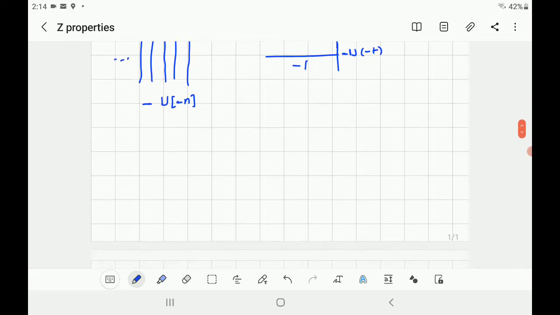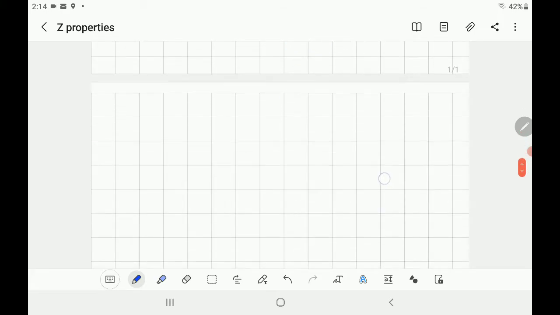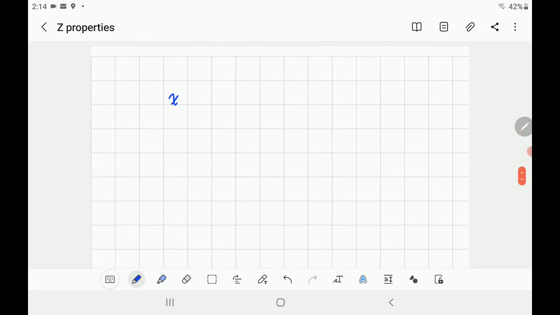By the way, if you want to know the continuous version of this one, it will look like that. It will be 1 in this direction and minus 1 in this direction. They call it the sign function. So we want to find the z-transform of this one. Now we know how to write the expression for it. It's equal to u of n minus u of minus n.